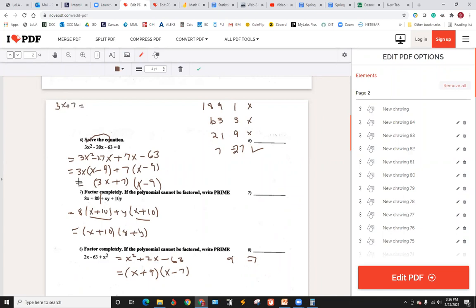So these are now equal to 0, back equal to 0. So now we use that property, the multiplication property of equality. Set each one of these equal to 0 and solve each one separately. So that means x is equal to 9 on the easy one. And then this is 3x is equal to negative 7.